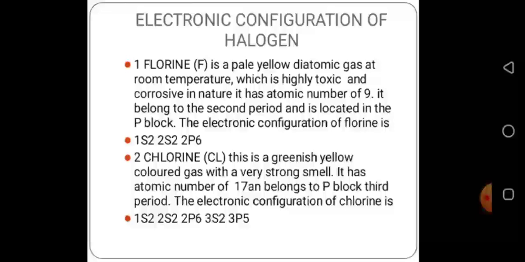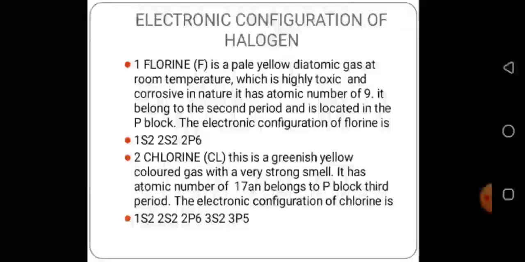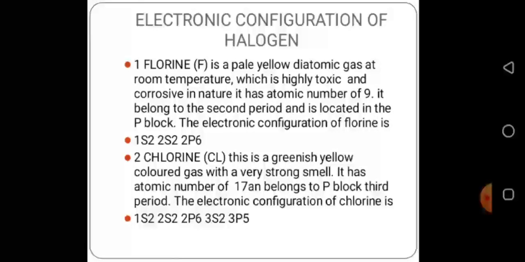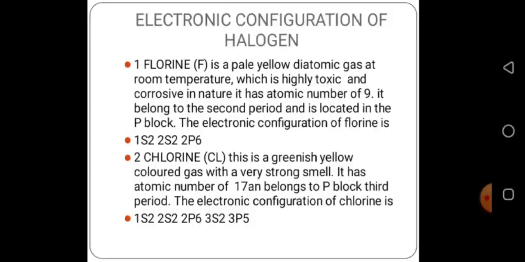So we will go back to the electronic configuration of elements. An element has a certain number of shells, which are called K, L, M, N, and the rest. In the K shell we accommodate only 2 electrons, while the rest accommodate 8 electrons.